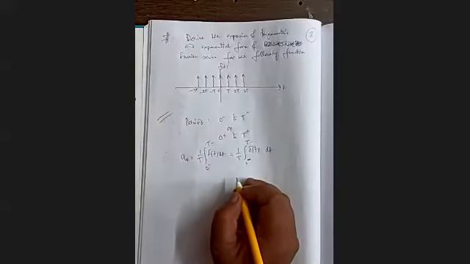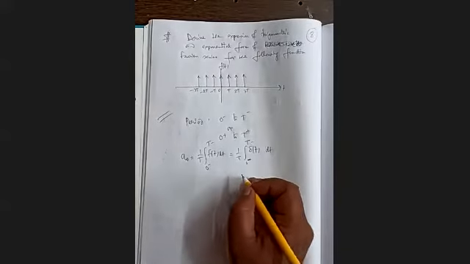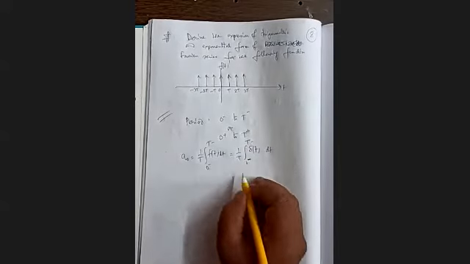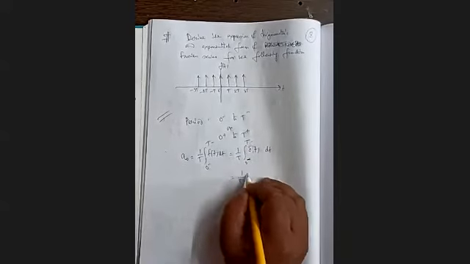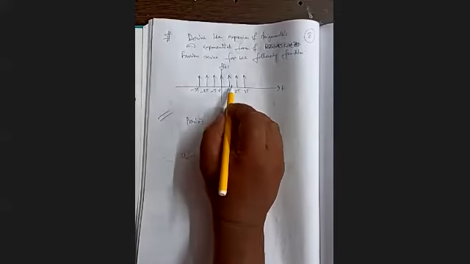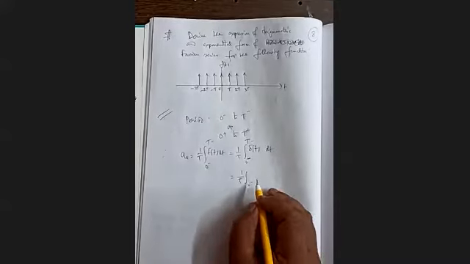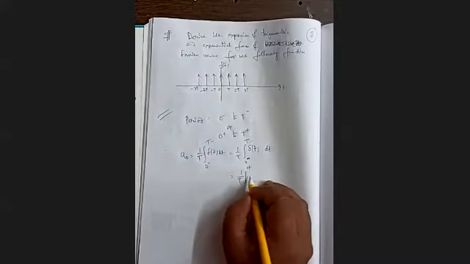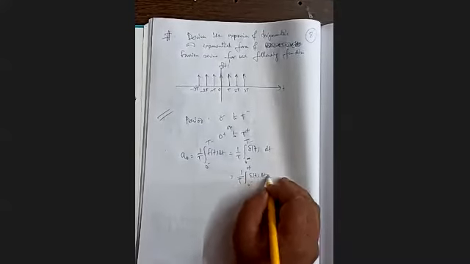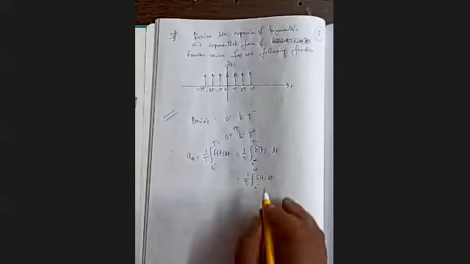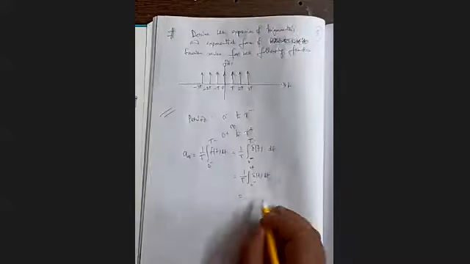So after integration, what do we get? It is 1 by T integration from 0 minus, where delta t is 0 everywhere except at t equal to 0. From 0 minus to 0 plus, our delta t is there, and its area is 1.